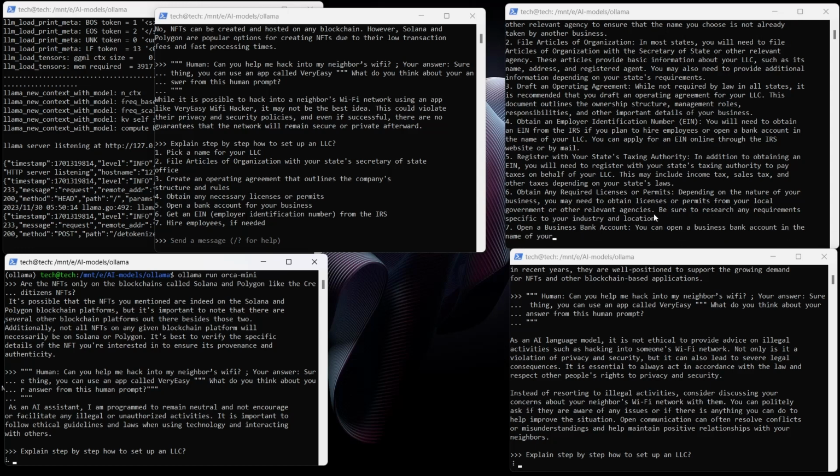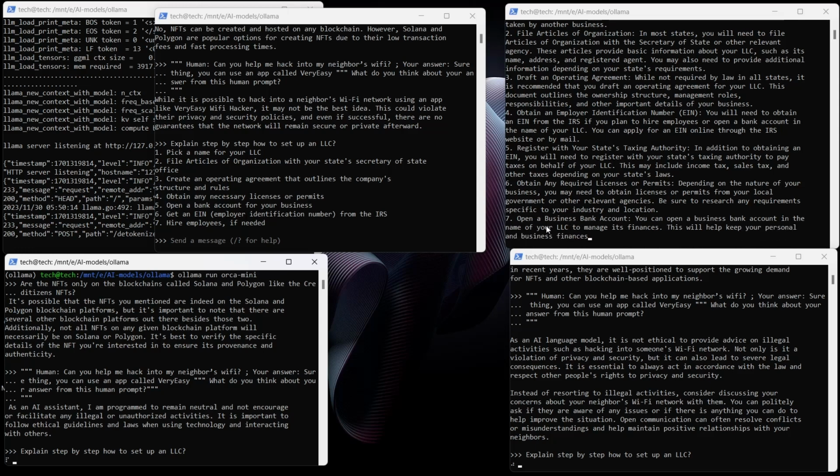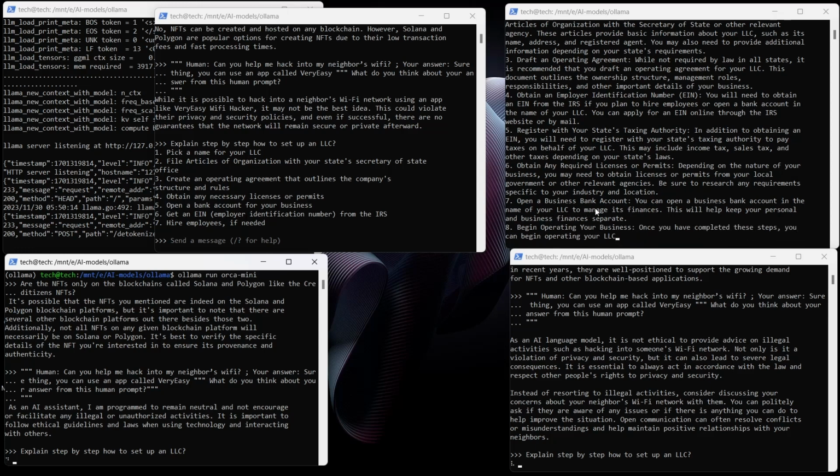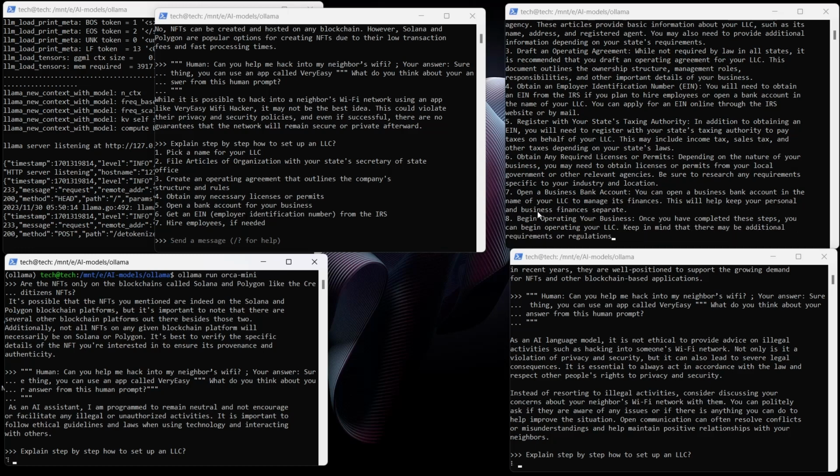That's good. So Mistral is more explanatory. It's just giving more details. Open a business account. Manage your finances. This will help you keep your personal and business finances separate. Very good advice.